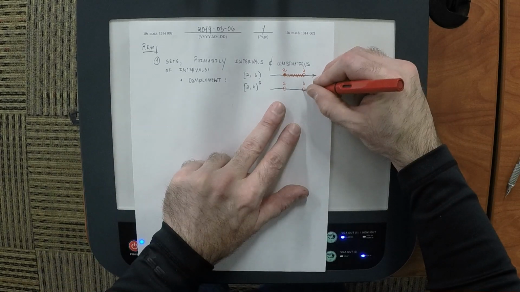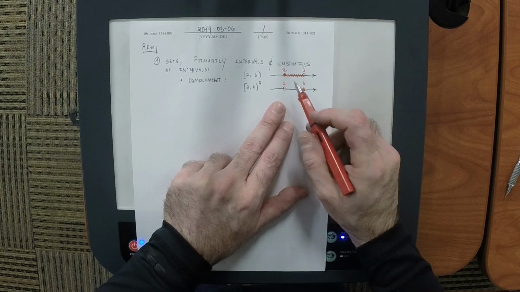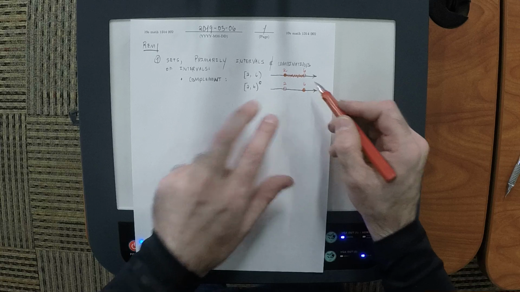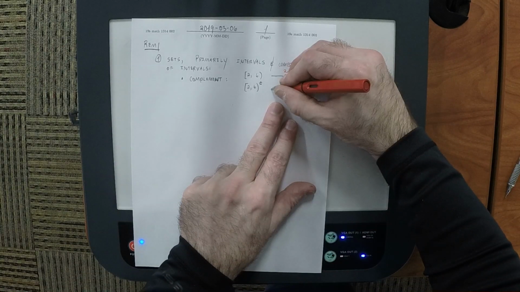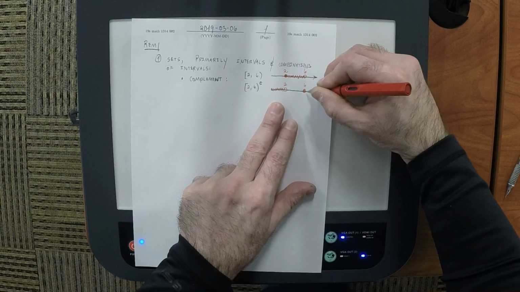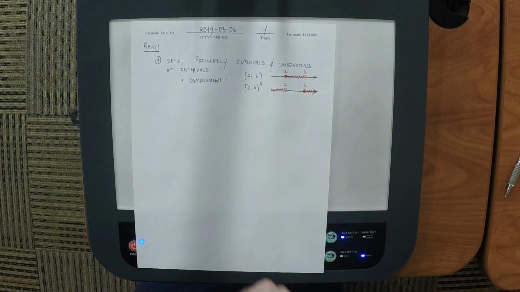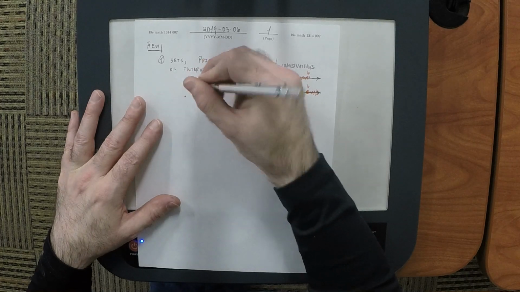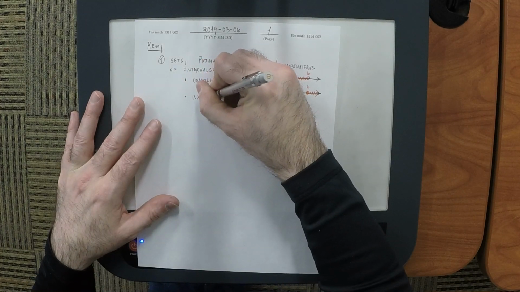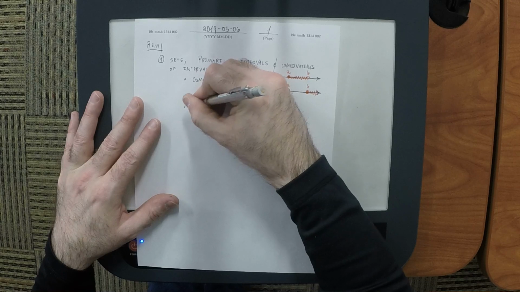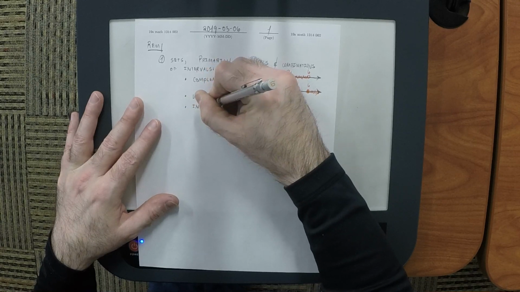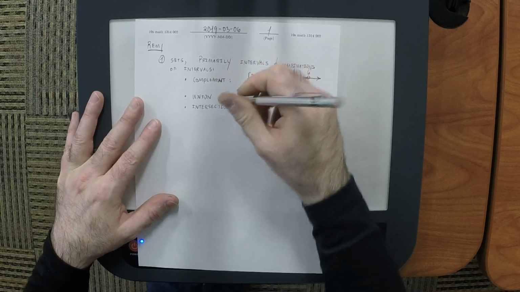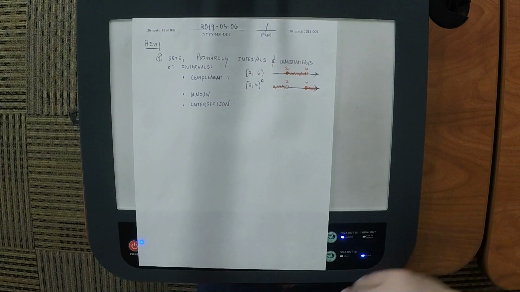Because all these points are colored, none of these points are colored, and opposite on the other bits. So like this. So we have complement, and similarly, we've got union and intersection. Okay, so we did that.